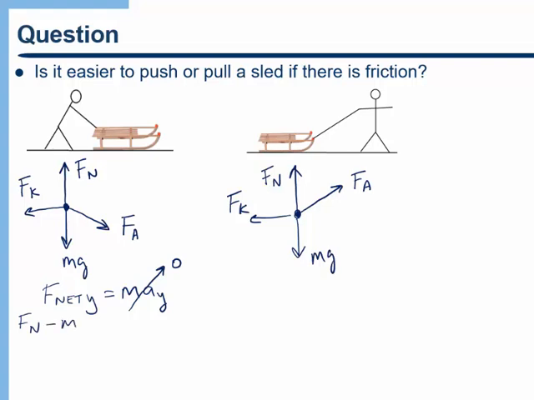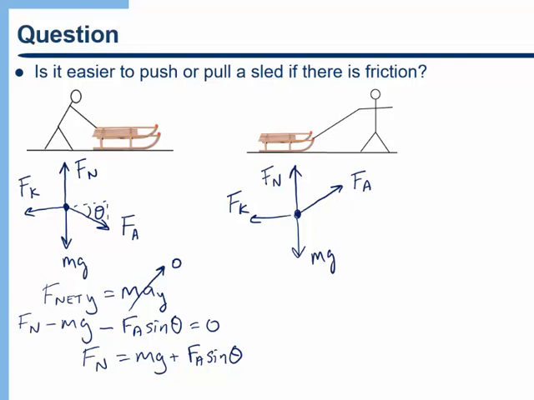We know we have mg down. But notice we also have a component of Fa. And since that component is down, I'm going to put in minus Fa sine theta. And that's got to equal 0. Or the normal force is equal to mg plus Fa sine theta. Notice that the normal force is bigger because you're pushing down.